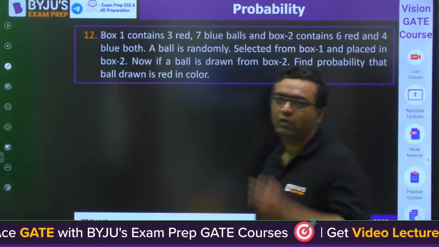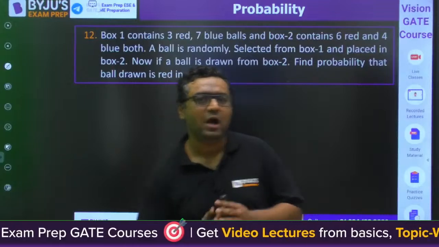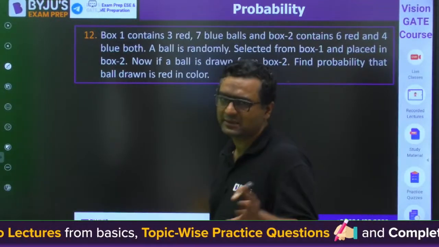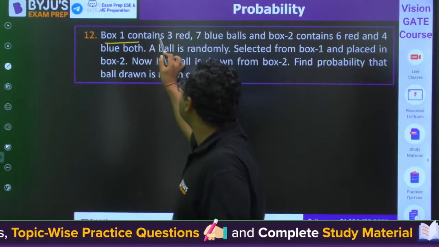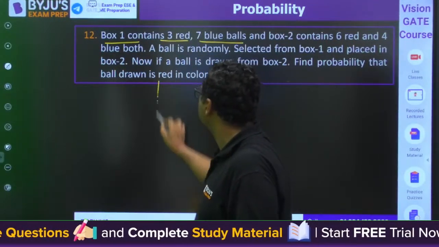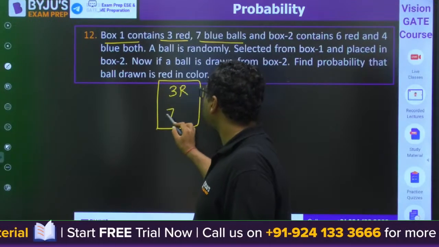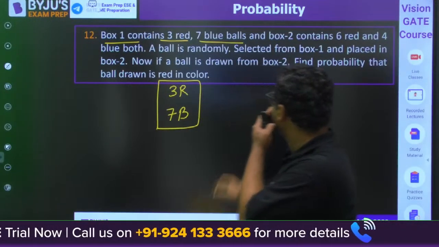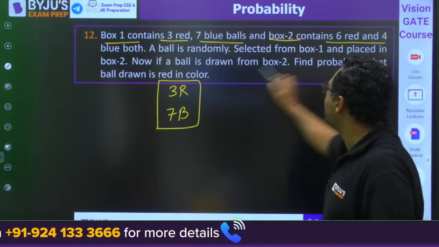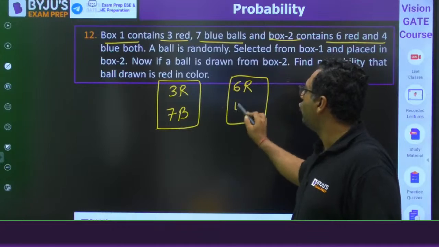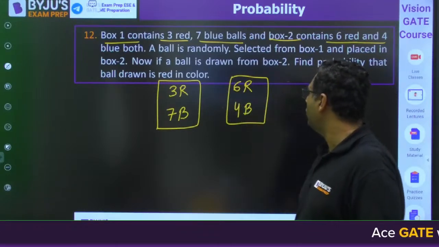Now some questions from total probability. That also we have already discussed. Box 1 contains 3 red, 7 blue balls. Box 2 contains 6 red, 4 blue balls.